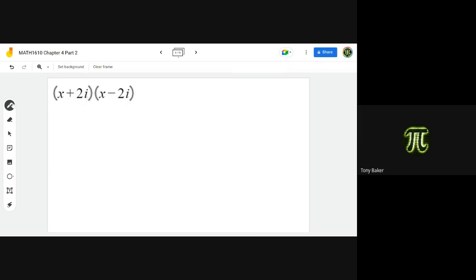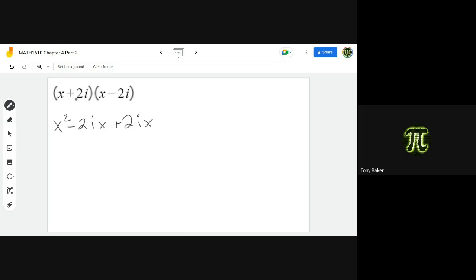You treat i just like a variable when you're multiplying and doing the FOIL out. All right, so treat i just like it was an x, and in the next step, we'll deal with it as an i. So x times x is x squared. x times -2i is -2ix plus 2ix.